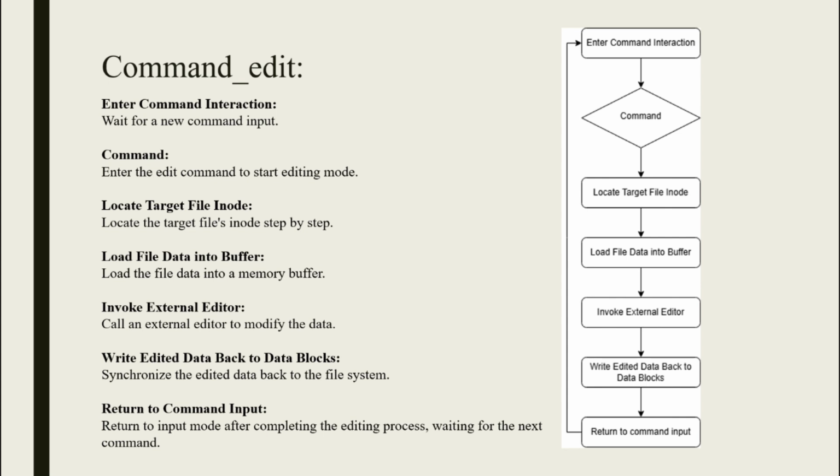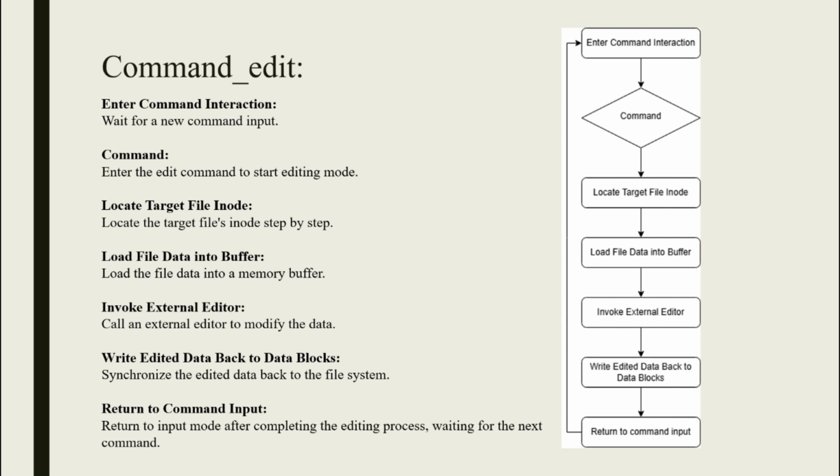The program resolves the path step by step to locate the target file inode and check if the file exists. Then load file data into buffer. If the file exists, its content is read from the file system into a memory buffer, preparing for editing.